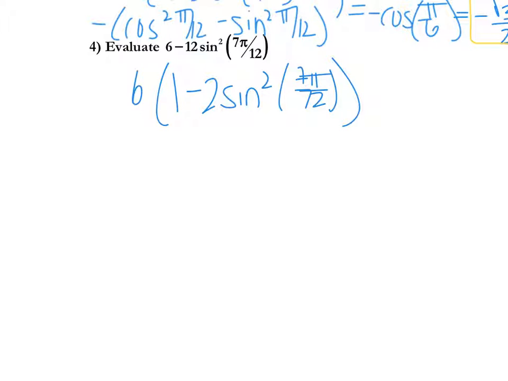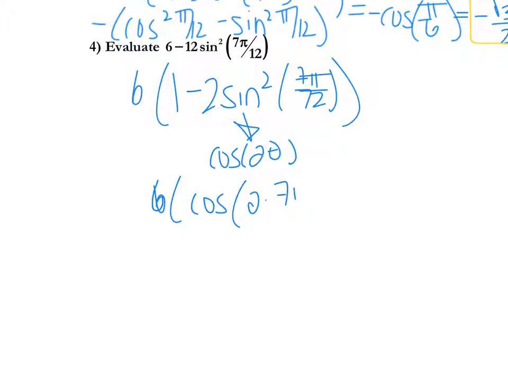Okay. Now I have the cosine double angle. Okay, this equals cosine double angle. So I have 6 times cosine of 2 times 7 pi over 12. So that's 6 times the cosine of 7 pi over 6.